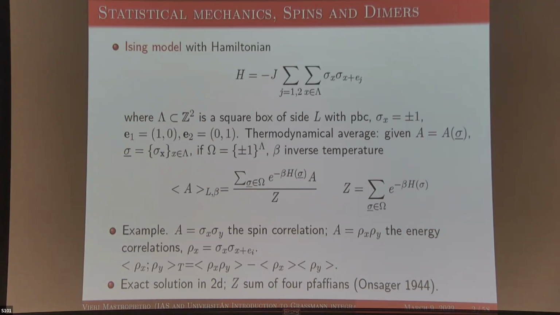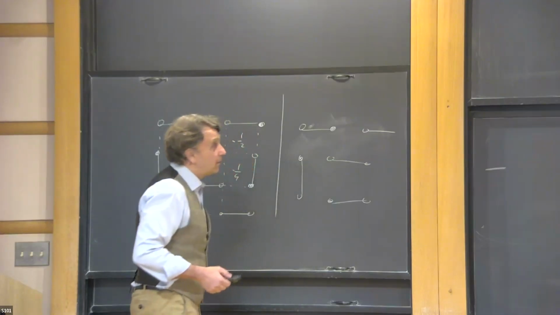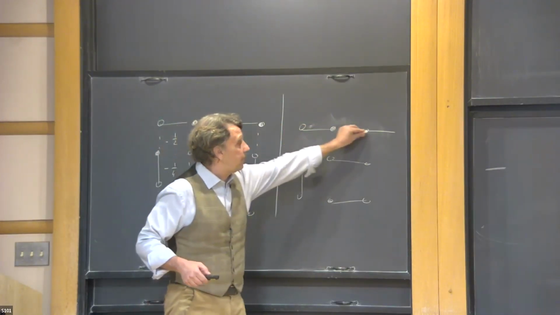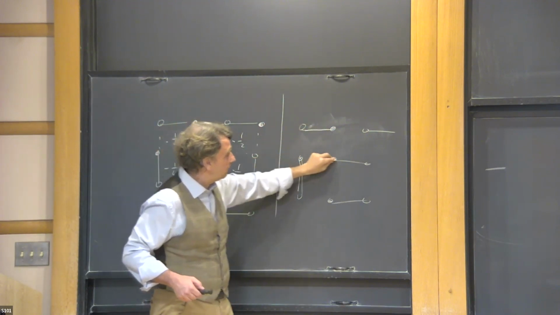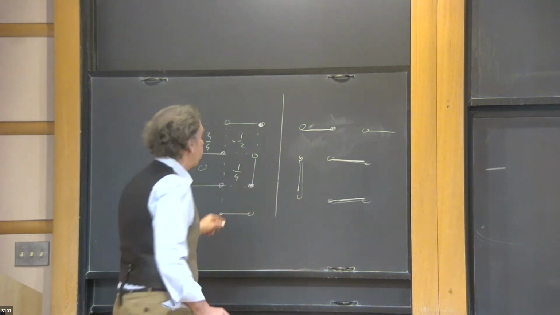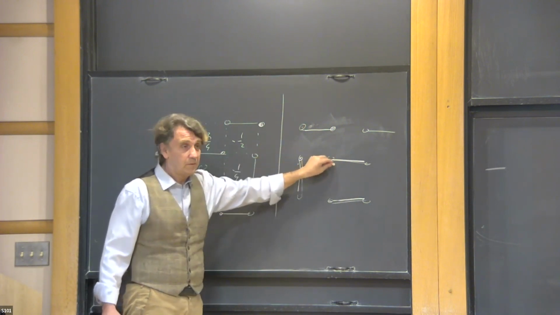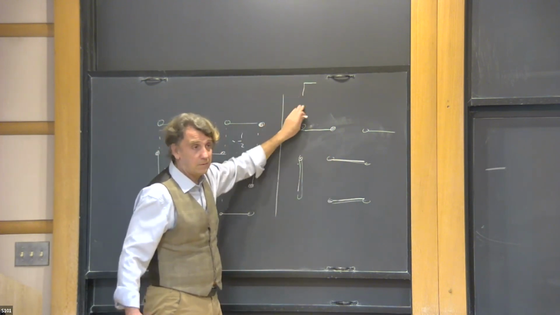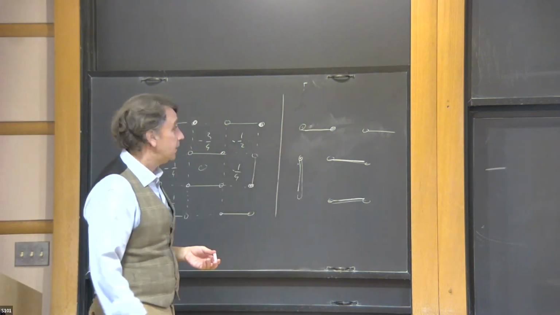Another model which is very much related to this Ising model is the Dimer model. The Dimer model is simply a set of edges. You have this bipartite lattice, and then you cover it by edges, with the constraint that each vertex has to be covered exactly once. You cannot have nothing like this. So this is a dimer configuration.